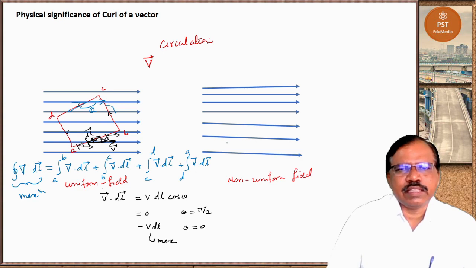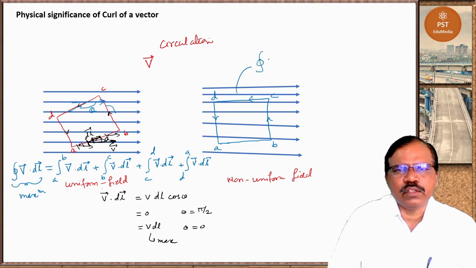Now if we take the same path in a non-uniform field, we go from A to B, B to C, C to D and D to A. Here also we can find integration V dot dl.